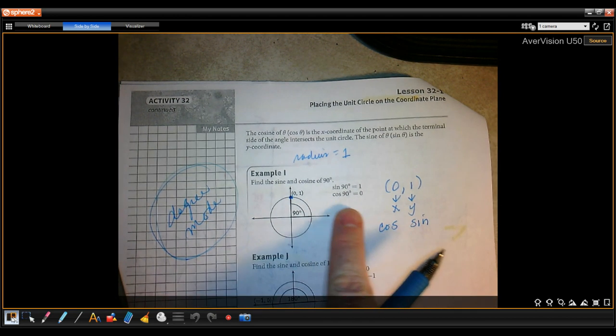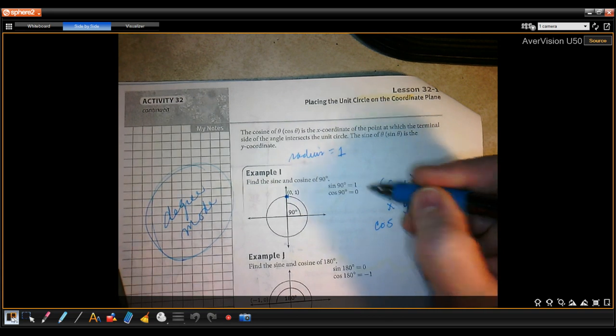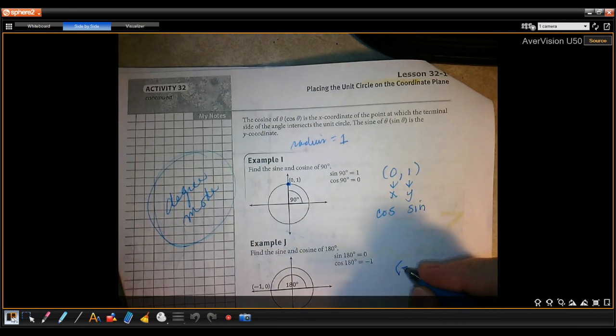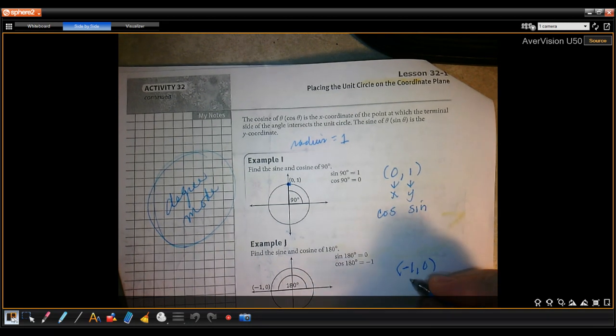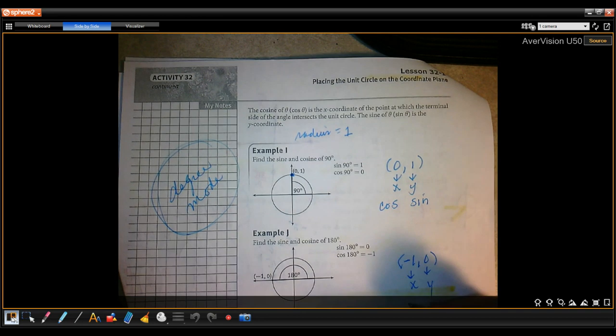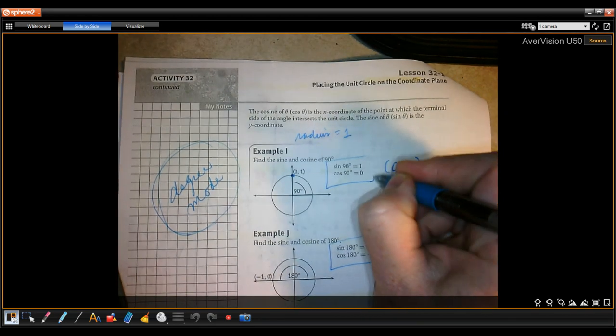They're saying cosine of 90 is 0, it matches. Sine of 90 is 1. And then you guys could do the next question. So it'd be negative 1, 0, that's x, that's y, cosine, sine, and that matches this box right here that they're giving you.